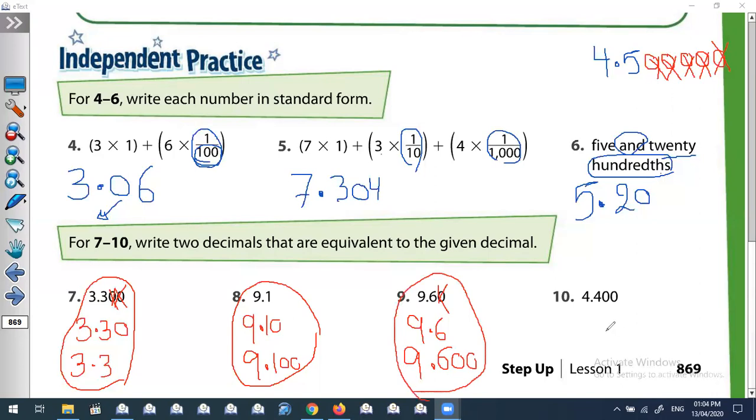Here we have 4.400. I can cancel 1 zero to be 4.40. No problem, they are equal also. I can cancel another 0 to be 4.4. So all of these 3 numbers have the same value.